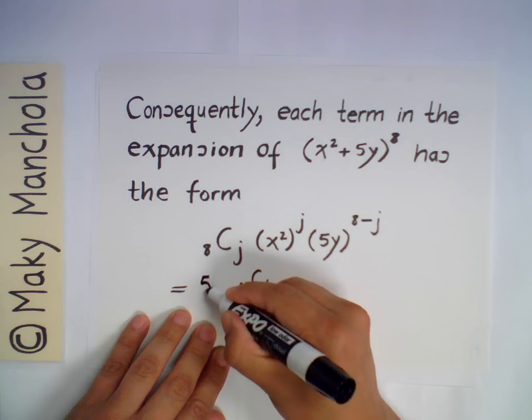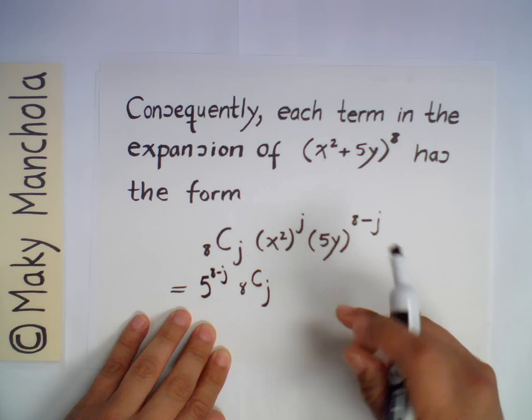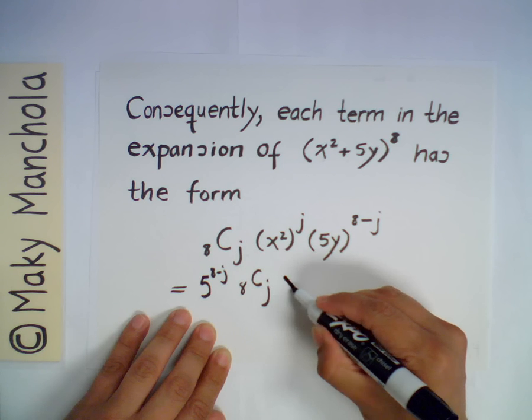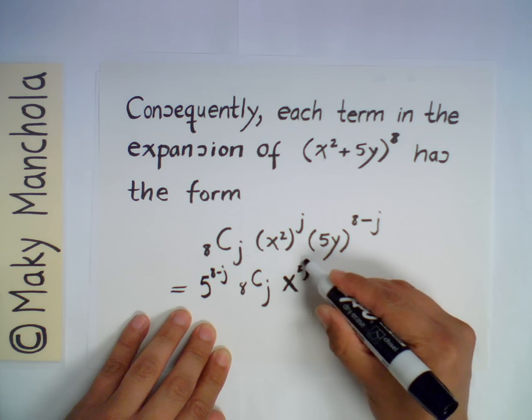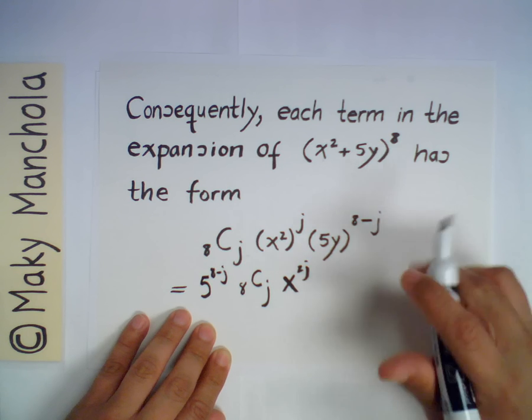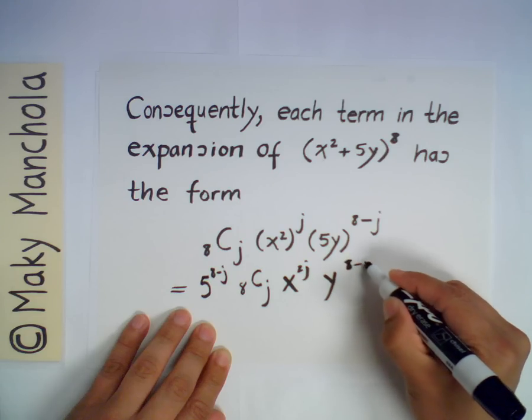I'm putting it in the front. And if you process x squared to the j, that just gives you x to the 2j by multiplying the two exponents, 2 and j, and then y to the 8 minus j.